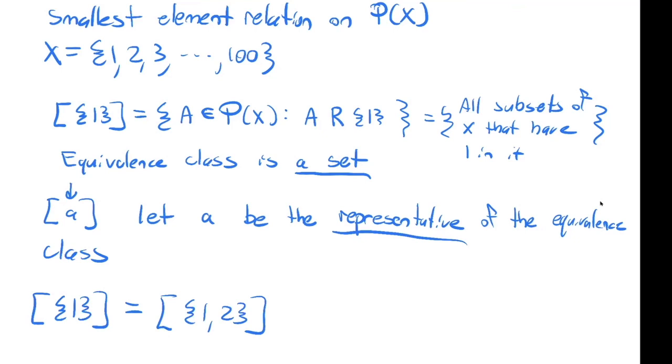So the set of all things related to 1 should be equal to the equivalence class of 2, since these have the same smallest element.